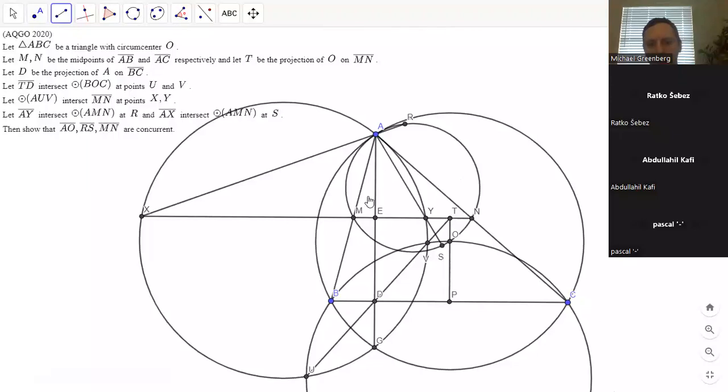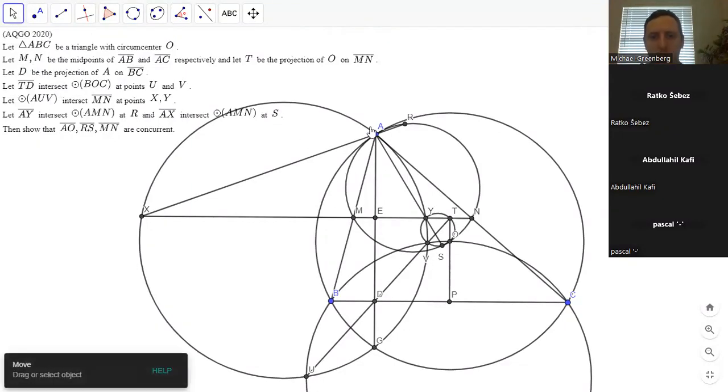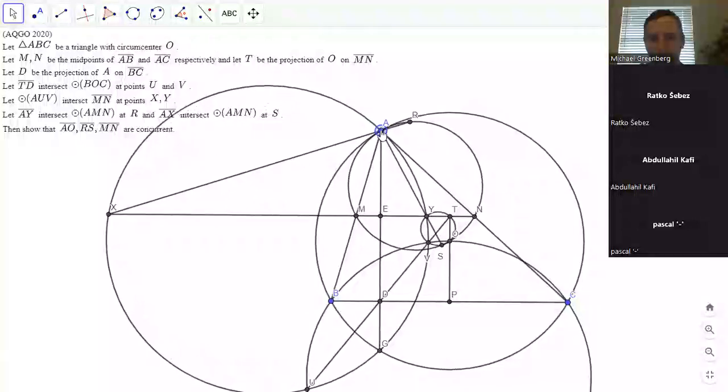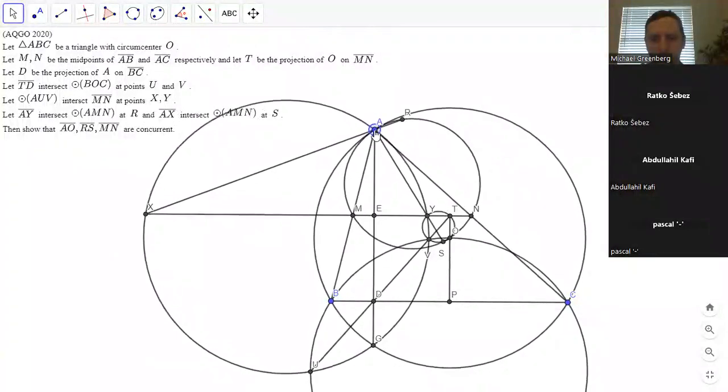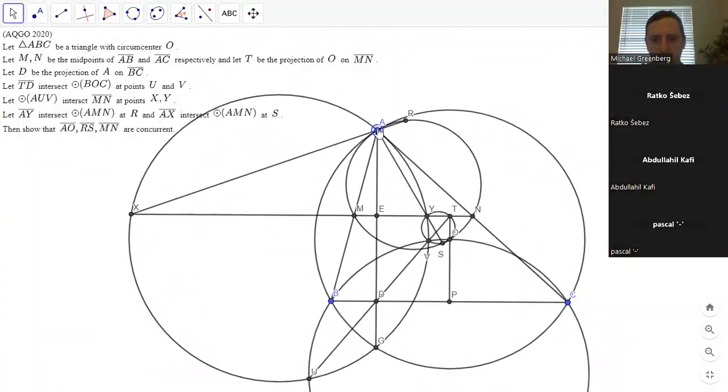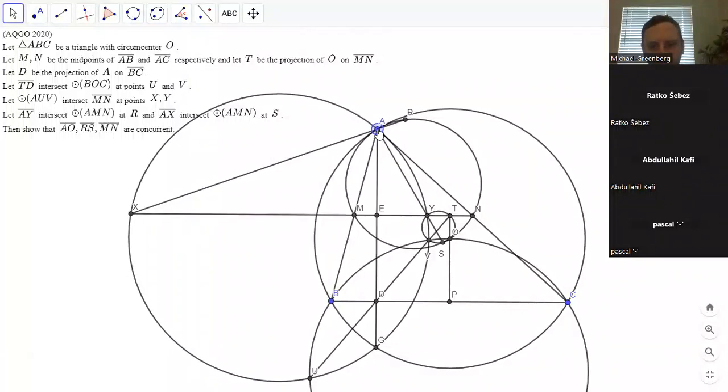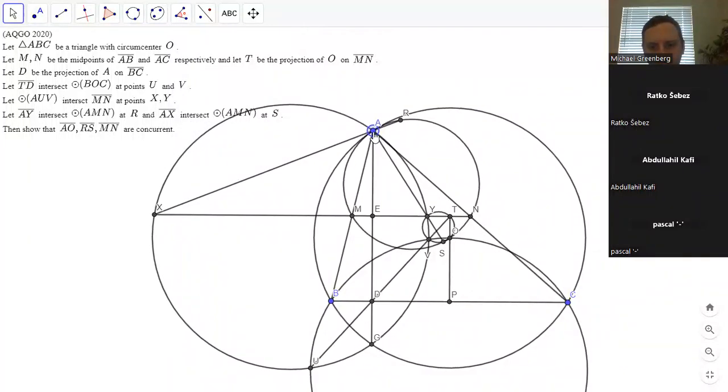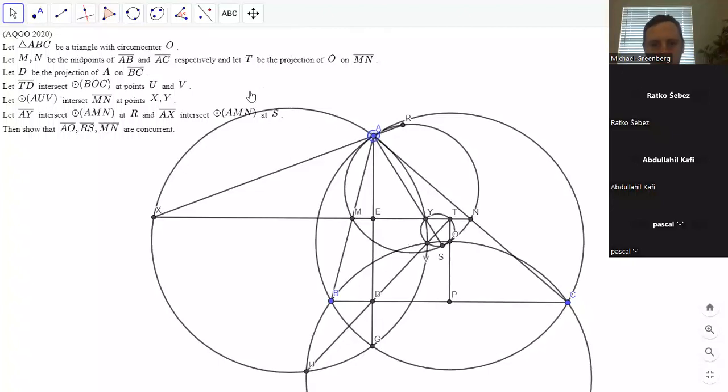But maybe, let's see. Looks like those lie in a circle. Don't know if that's obvious. So if it's true for S, whatever is true with V, you would think would have to be true with U, right?